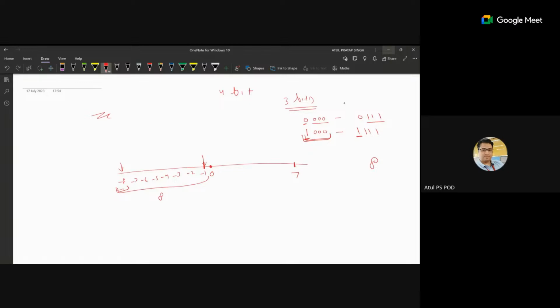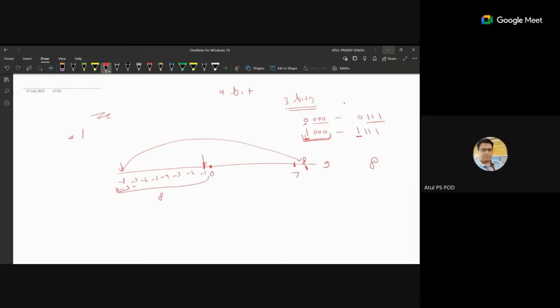For the negative range, next is -7, so for -7 you write 1 and so on. For the next value, we continue like this, and each value represents the previous value.